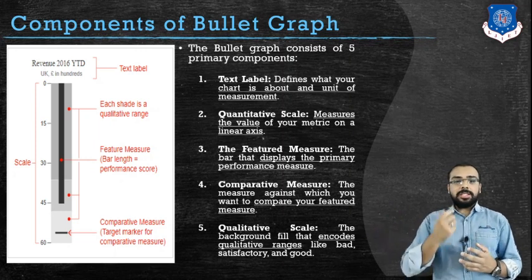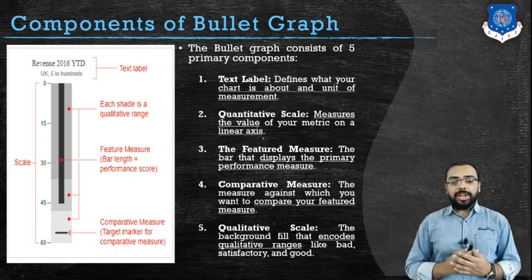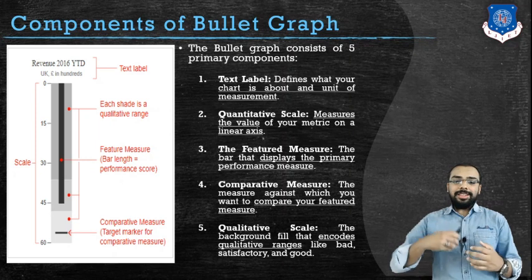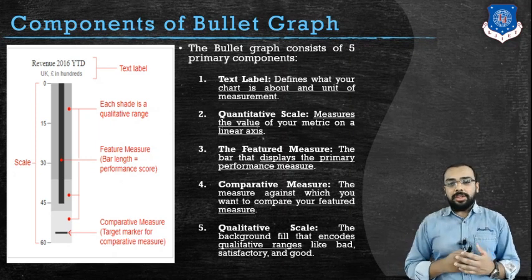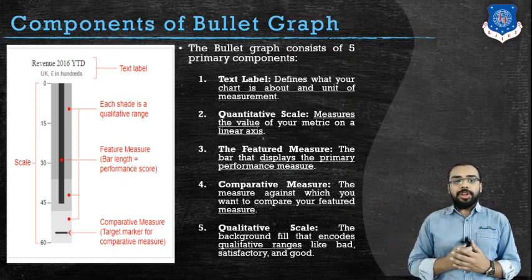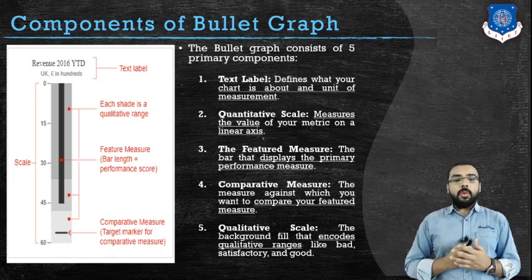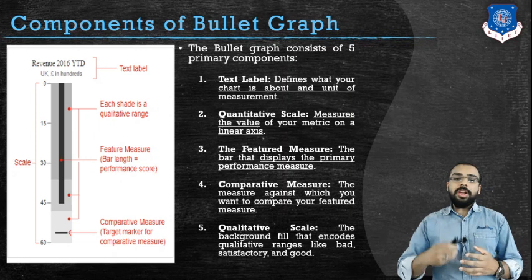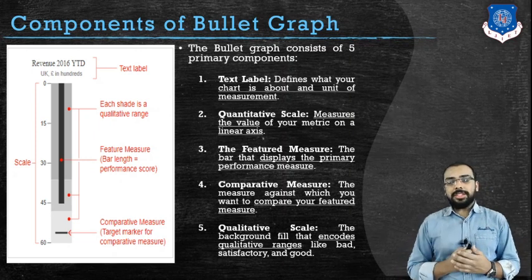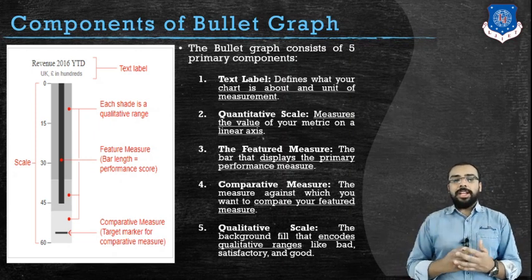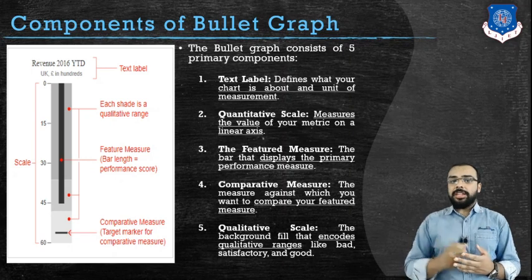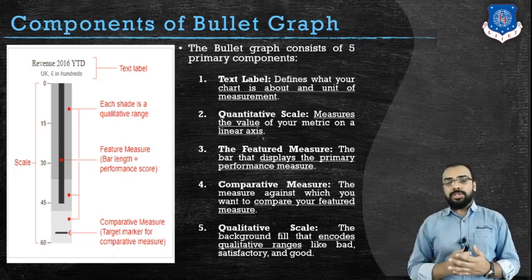And the last component of a bullet graph is the qualitative scale. What does this qualitative scale represent? It is basically a background field. You can see it is a background field of a gray color inside the figure which encodes the qualitative values. What are the different qualitative values? It can be good, it can be best, it can be satisfactory, it can be bad, and so on.